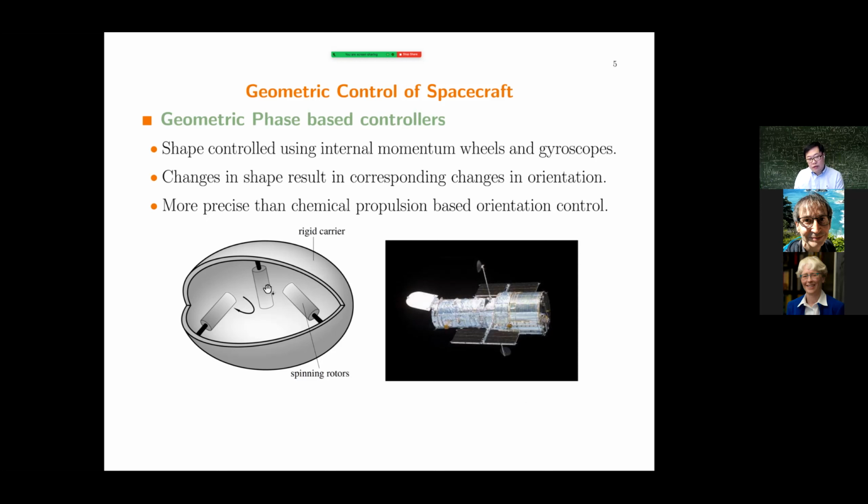The advantage of these geometric phase type controls is that the moment you stop these reaction wheels, as they're called, the satellite stops rotating.